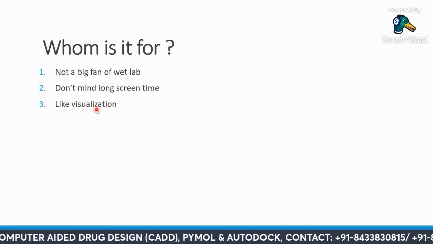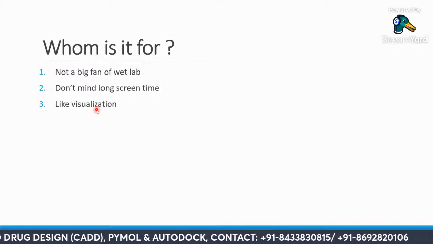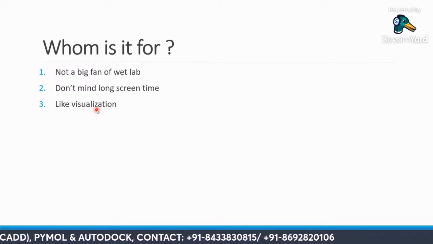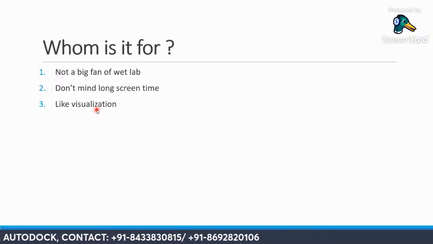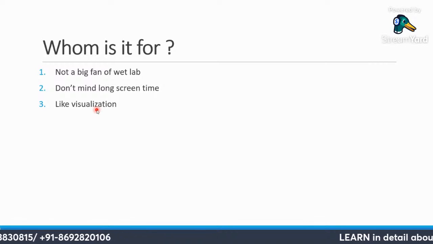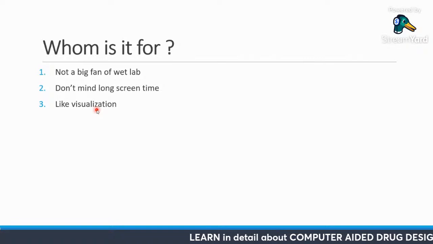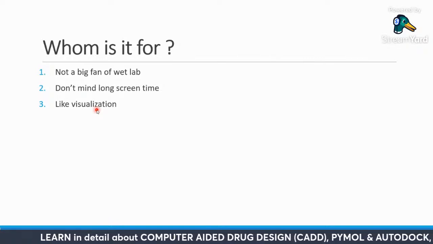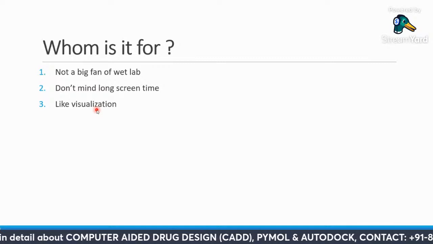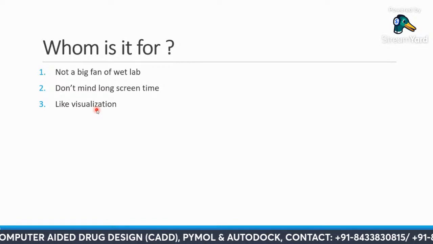Then of course, I'm not saying you should know coding right now, but this is one very dynamic field. Let's say over the course of time, in the next 3-4 years, like I said, it's not just that you should have knowledge of just doing docking or doing dynamics. You should have knowledge of medicinal chemistry also, and at the same time you should also have some knowledge of coding.